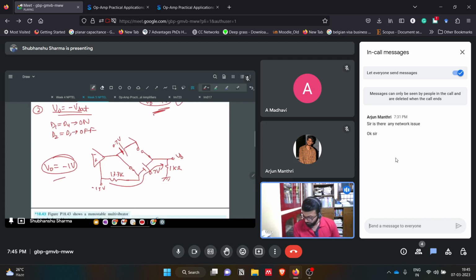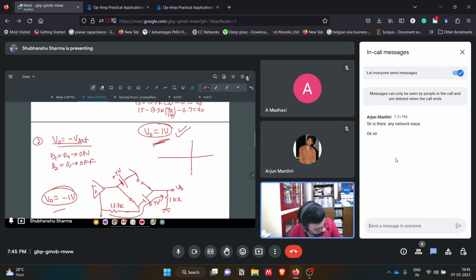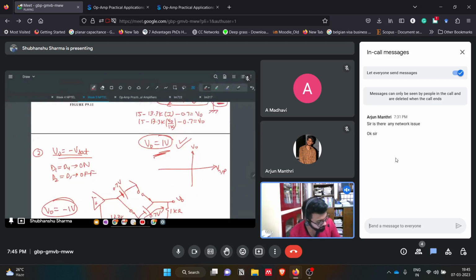Okay, so then what will happen if we make the voltage transfer characteristics, V naught and V input? What we are observing, V naught will be 1 volt. What will be the threshold?